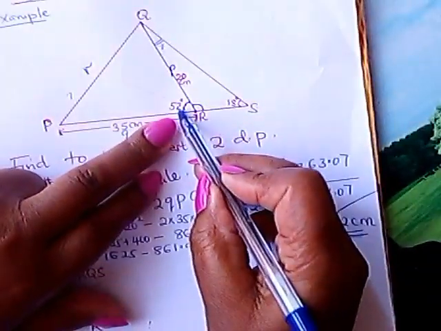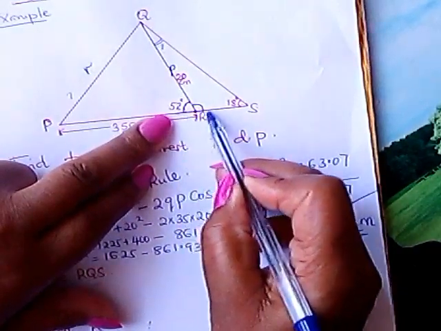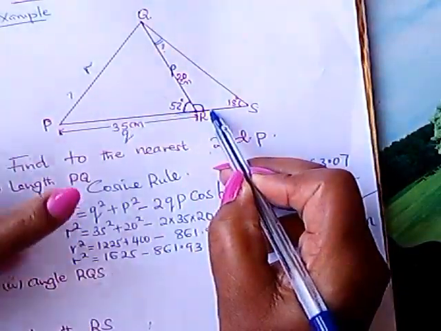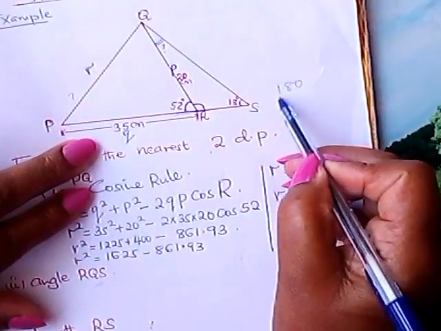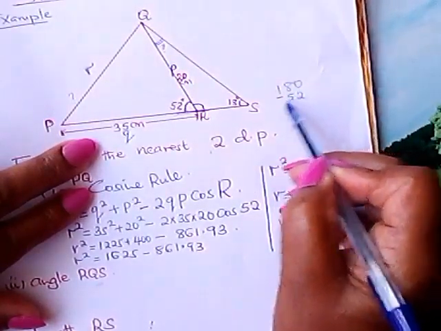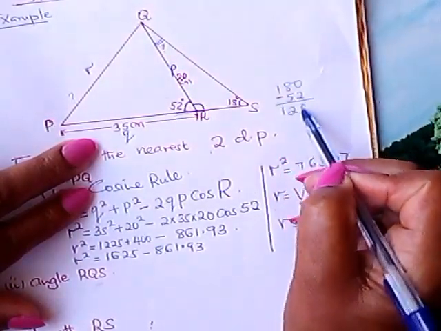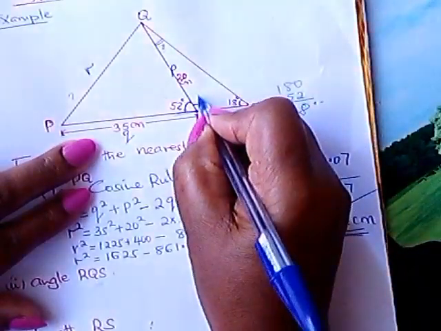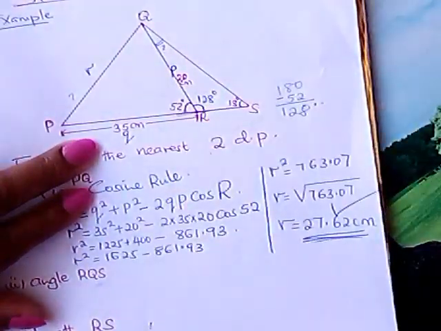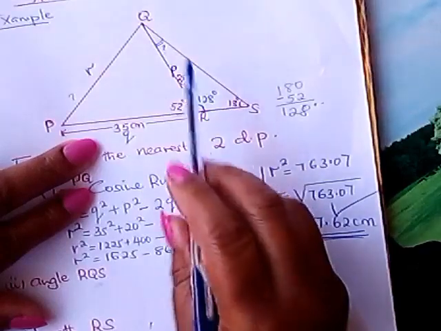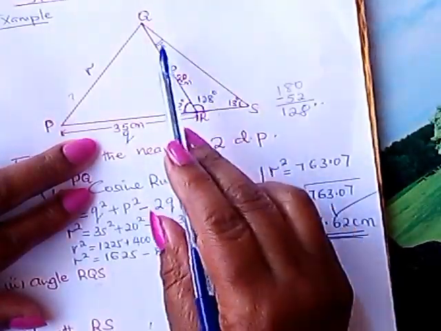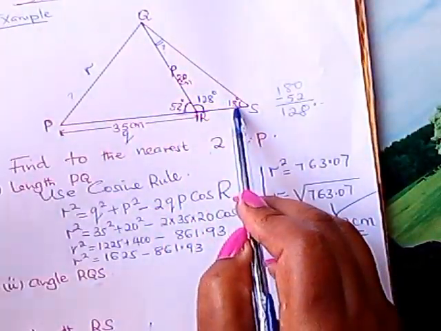If this is 52, learner, angles on a straight line add up to 180. So it will be 180 minus 52, and so this angle will be 128 degrees. And therefore, learner, angles in a triangle add up to 180.